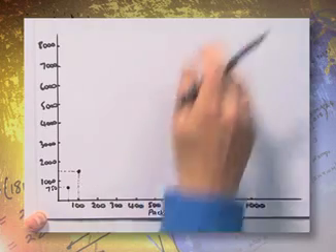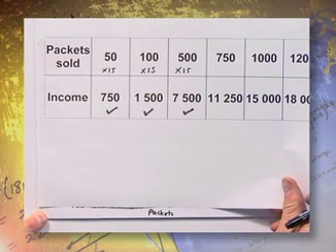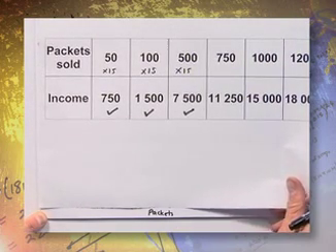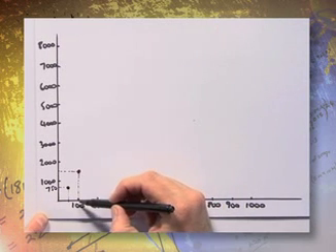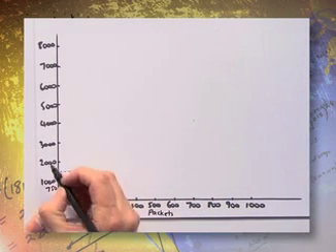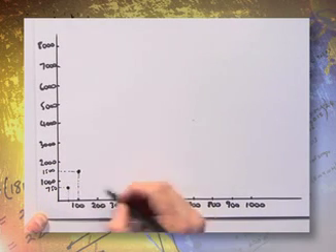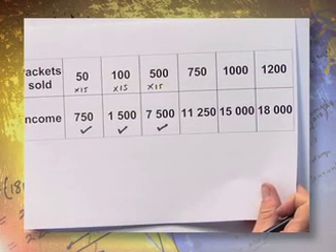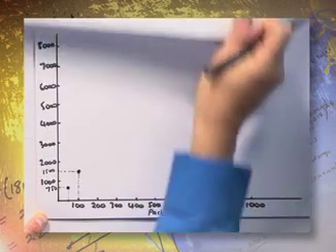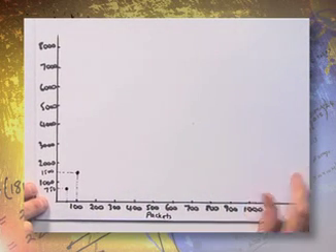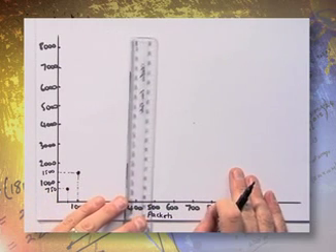The next one is 100 packets for 1,500. So it's 100 packets up to 1,500 Rand there. Now we're going to keep drawing it. If you take 500, you get 7,500. So if you go to 500, let's bring a ruler into play.